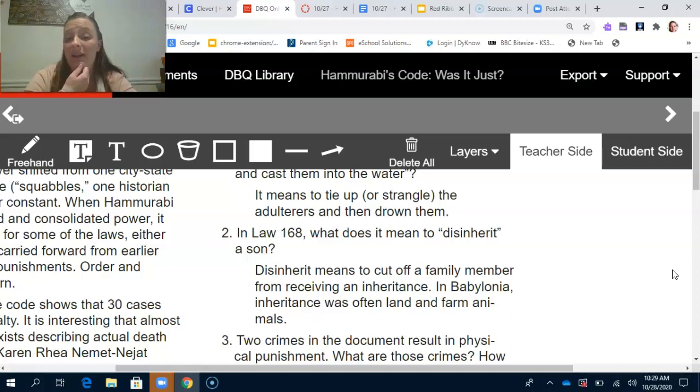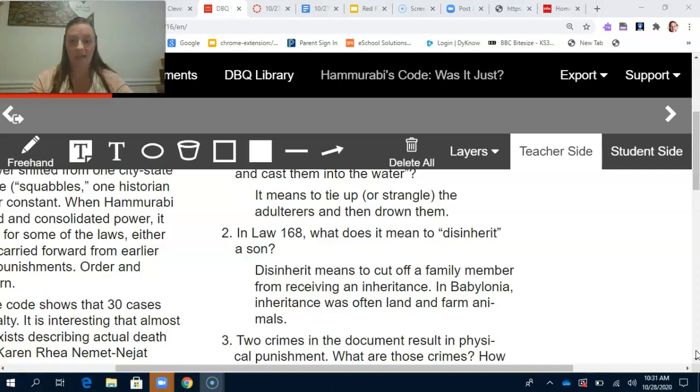So disinheriting would mean you don't get to do that. And the reason why this might be a just law is because the father can't just say, "Oh, I'm not going to give you your inheritance because I don't like you." The father has to have a reason. The son had to have done something terrible in order for his father to disinherit him.